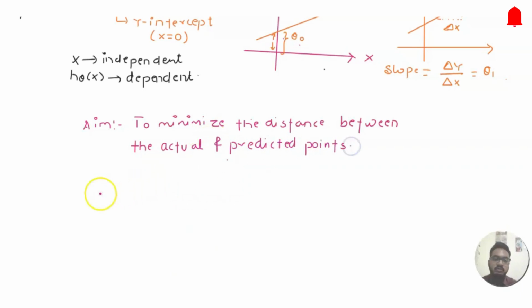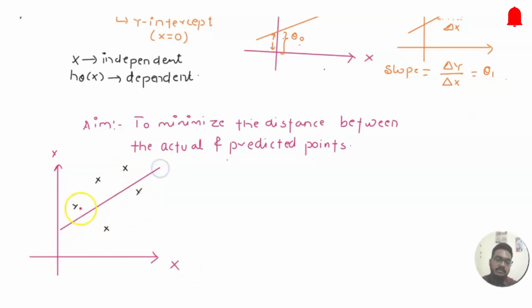Let us understand it one more time because that is the important part. This is our y-axis, this is the x-axis. And let us plot the data points. So these are our, let us say, 4 or 5 data points. If we get a line like this, then these are the distances between the actual and the predicted point, which is denoted by the dot.